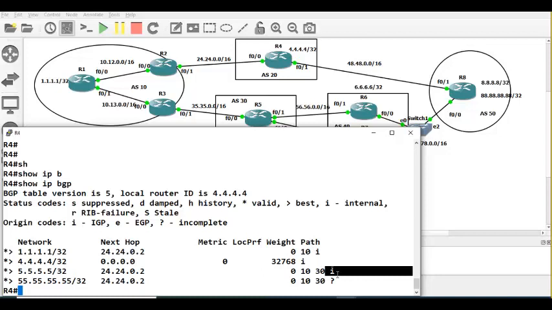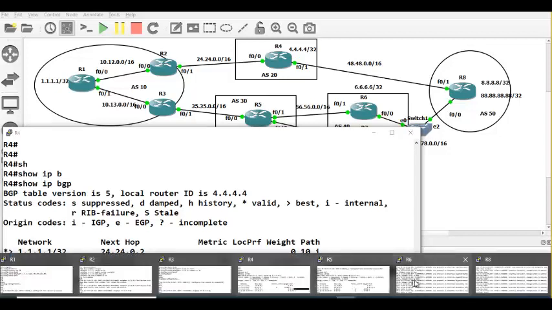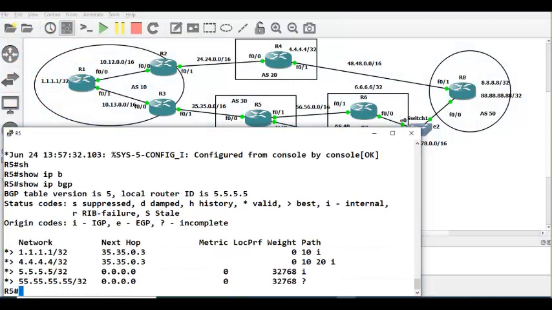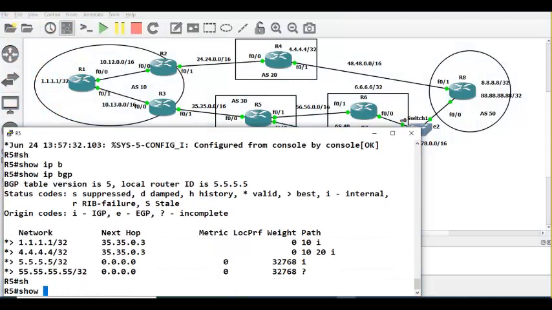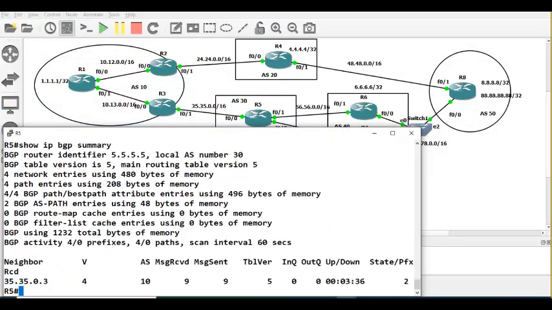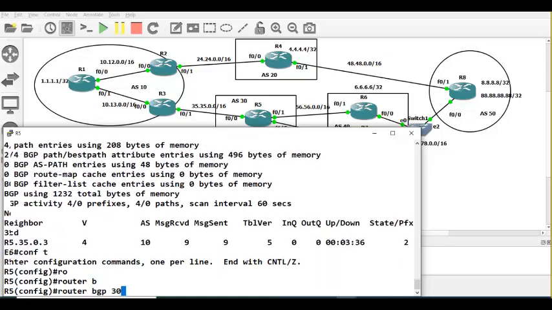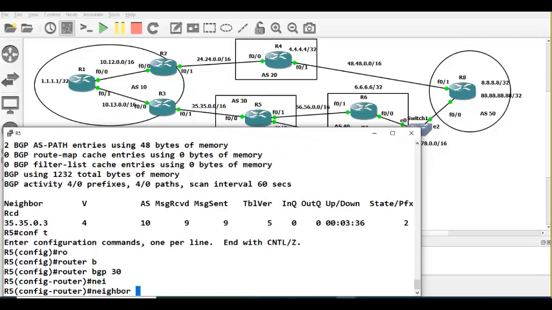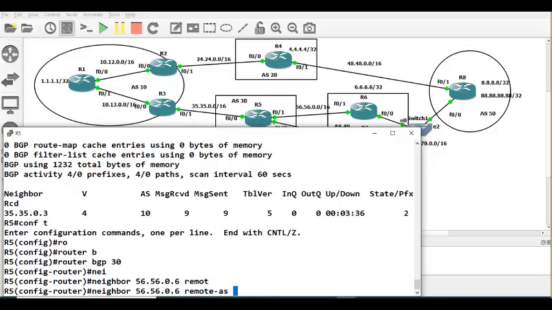So let's now move on to router 6. Before that, did I configure show IP BGP summary? Okay, router 6 neighbor is not configured. Router BGP 30, neighbor is 56.56.0.6, remote AS is 40.